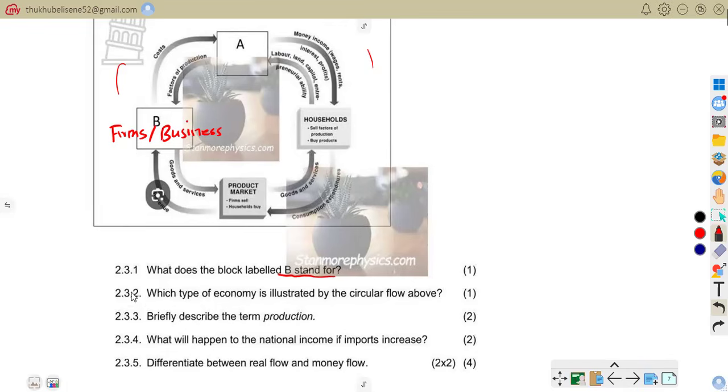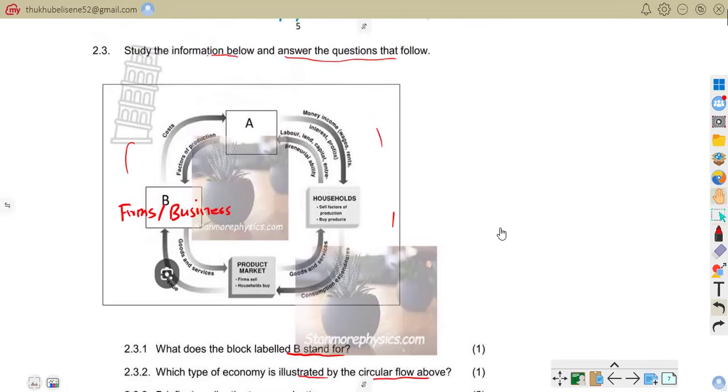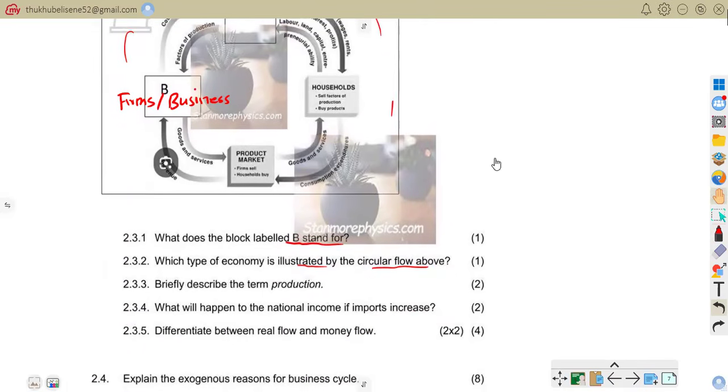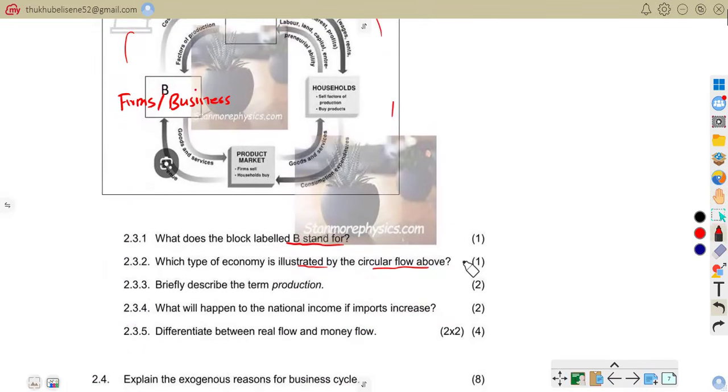Also, 2.3.2. Which type of economy is illustrated by the circular flow above? We are talking about this circular flow. You can see that this circular flow is what you call a closed economy.